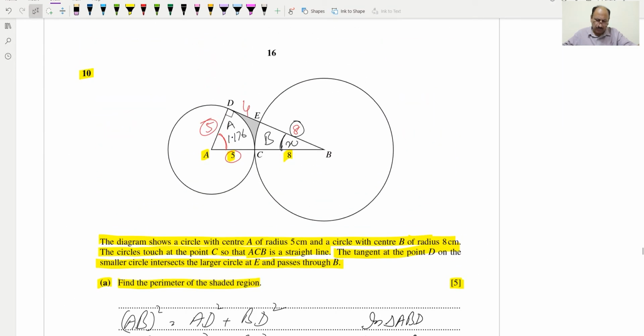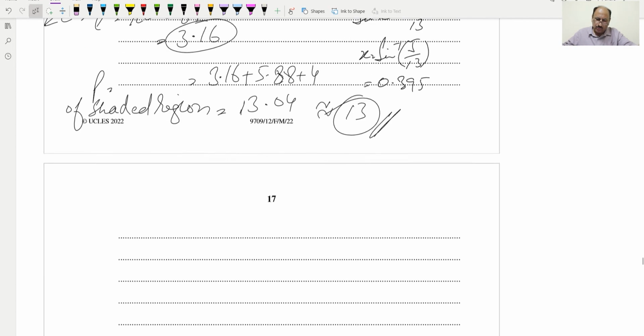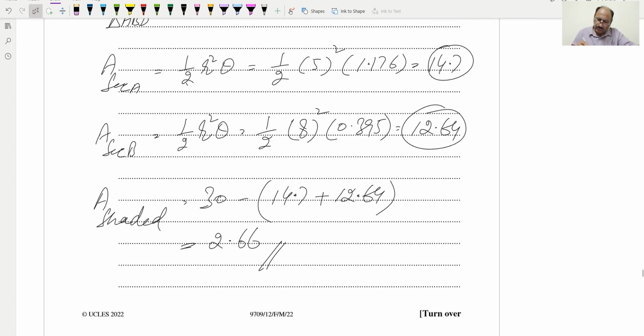This is all in centimeters, so the answer will be in centimeter squared. Final answer we will write over here.